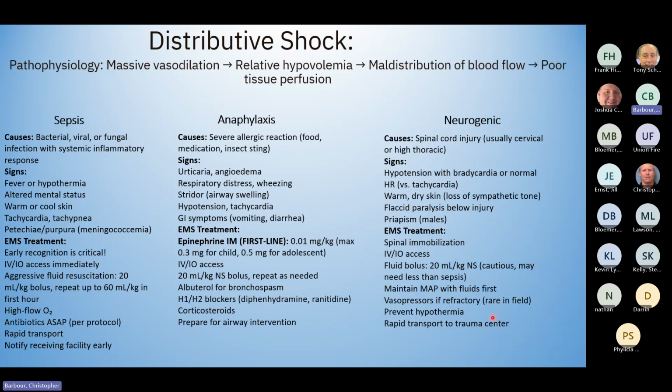Sepsis, I think we're doing a much better job in EMS than we did years ago. That's why I put on here early recognition is critical, and notifying the receiving facility earlier is critical. That can start all of the things that need to happen once they get there. There are some jurisdictions which are going ahead and administering antibiotics in the field for sepsis. I don't know of any that are doing that for pediatric patients, however.